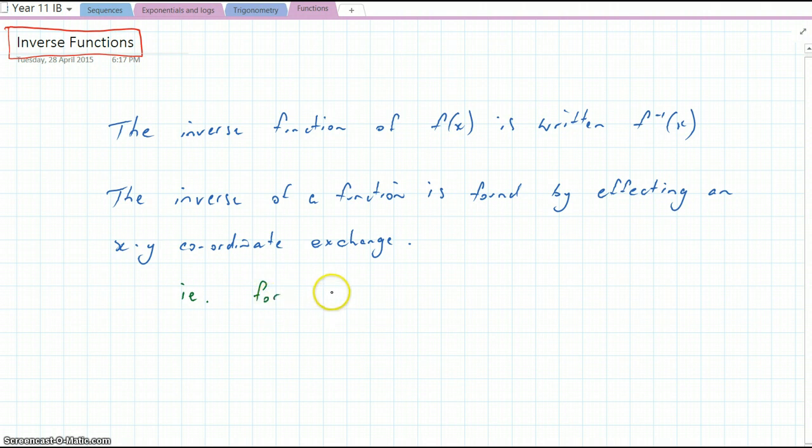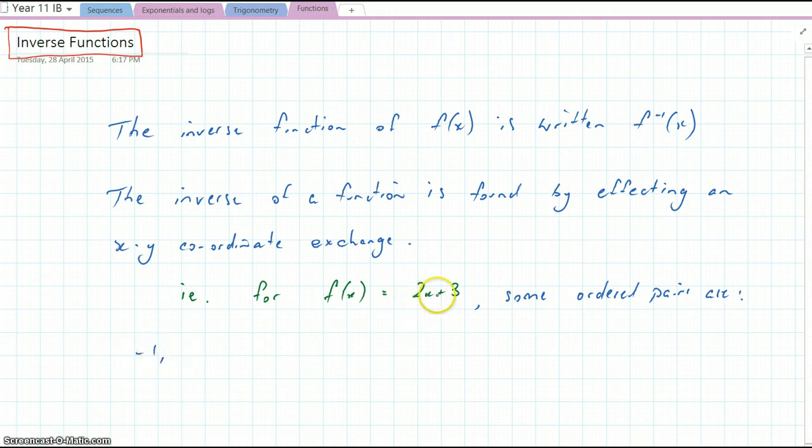for, let's say, the function 2x plus 3, let's take a whole bunch of coordinates here. Let's go for the function f of x equals 2x plus 3, some ordered pairs are. So let's go with minus 1.